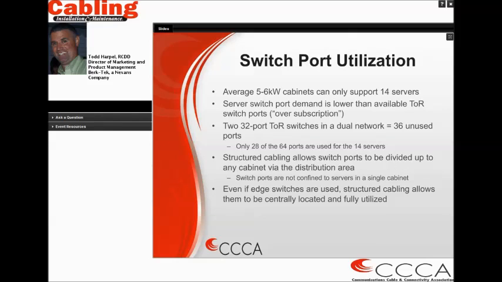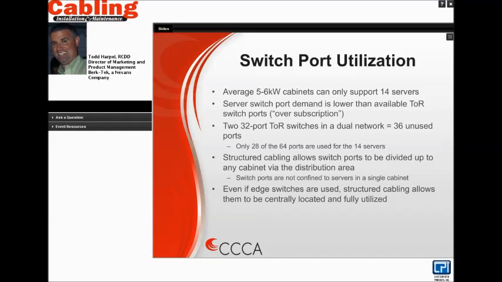Another really important consideration is switch port utilization. If we look at the average data center environment today, there's about 5 to 6 kilowatts of power consumption per cabinet, which supports about 14 servers in a very common environment.